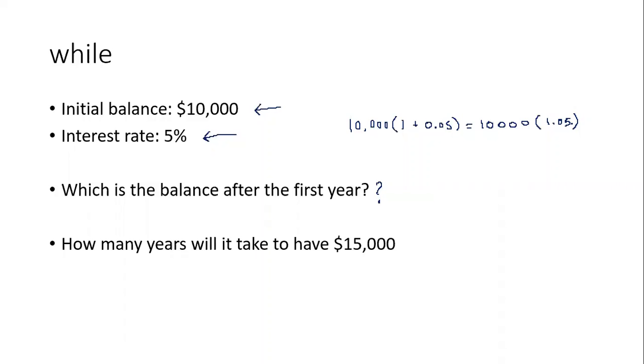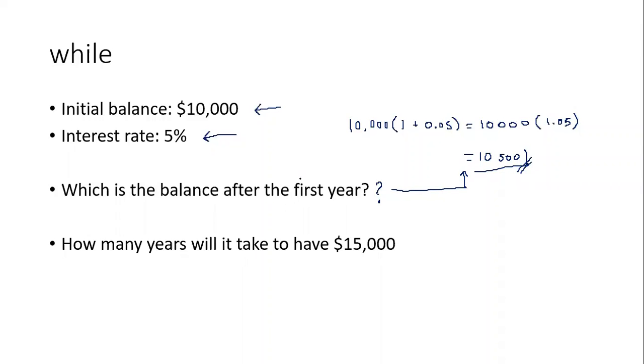And if you just did it, as I assume you're doing, you'll know that that's equal to 10,500 pesos. So this is the amount of money you're going to have after the first year. So this answers our question.